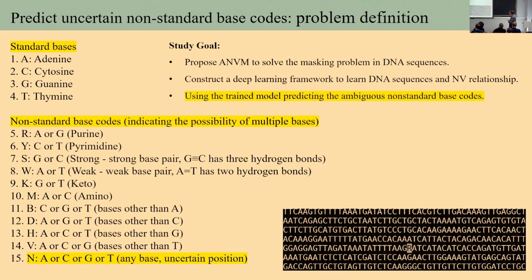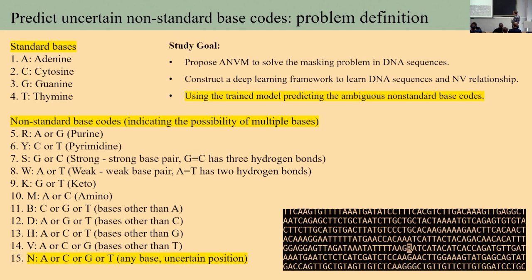So that's our study goal. We use our method, the natural vector method, to solve the masking problem. That means in a sequence, if we mask something that we know, we try to detect and predict it.